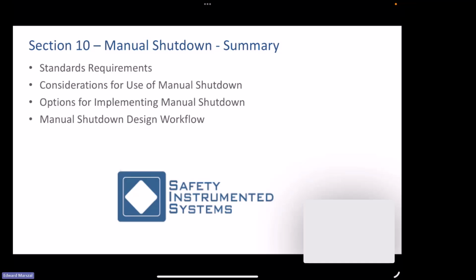Okay. So the short answer is that one justification at the general requirements level is that the purpose of the manual means is to be able to manually make a final element move when the SIS logic solver fails to move it.